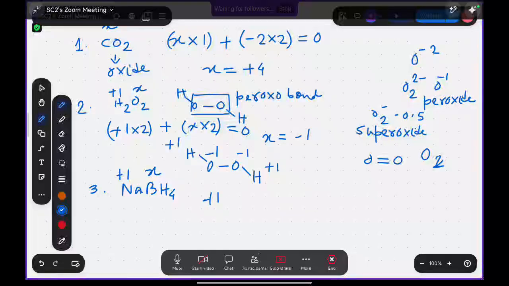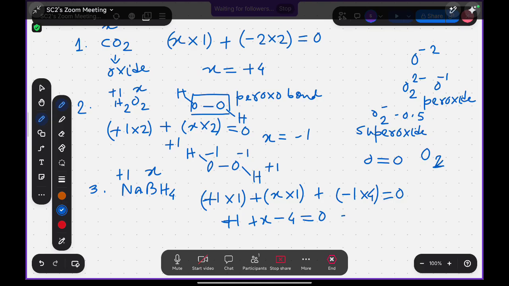So +1 into 1, because there is only one sodium atom, plus boron X into 1, because there is only one boron atom, plus hydride means -1 into 4 is equal to 0. That means +1 plus X minus 4 is equal to 0. X comes to be +3.